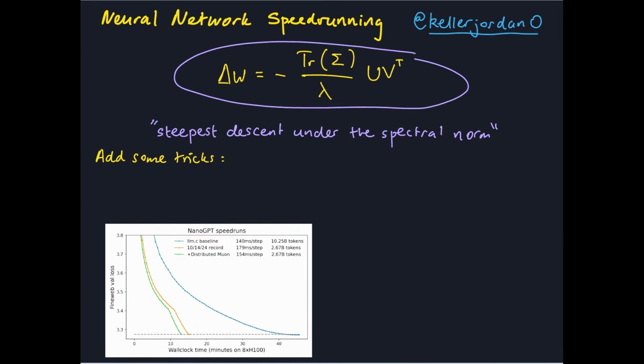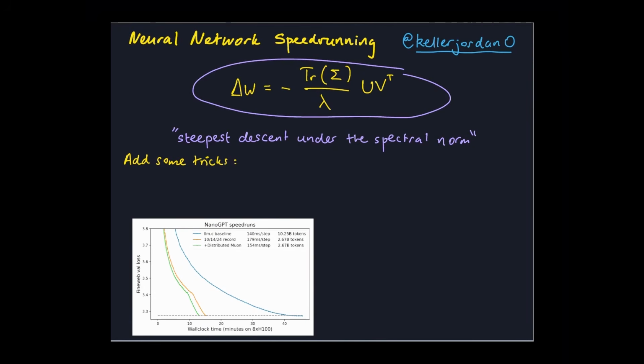But I wanted to show you that there's someone on Twitter called Jordan0 who calls himself a speed runner. He wants to train the neural network as fast as he possibly can. He took a variant of this method and added some tricks to it, like momentum, and making it low precision.